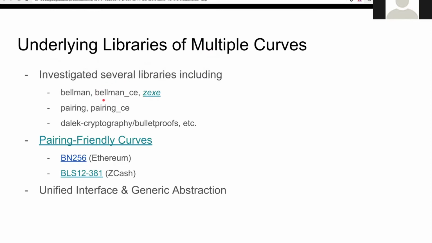Bellman CE is actually Bellman Community Edition, developed by Matter Labs, and the ZEXE and the pairing CE and the Bulletproofs implementation from Dalek, etc. Because we chose the Rust language as our main development language, we investigated almost every famous Rust ZKP library on the market, and we finally chose ZEXE because we think its structure fits us, and its active development is important.